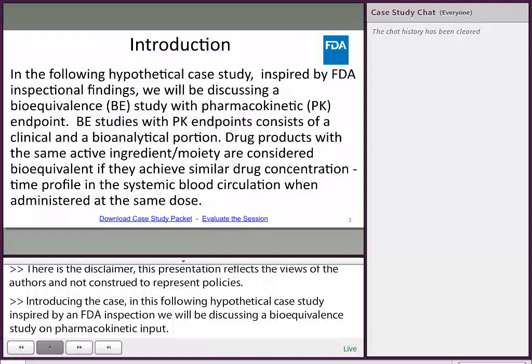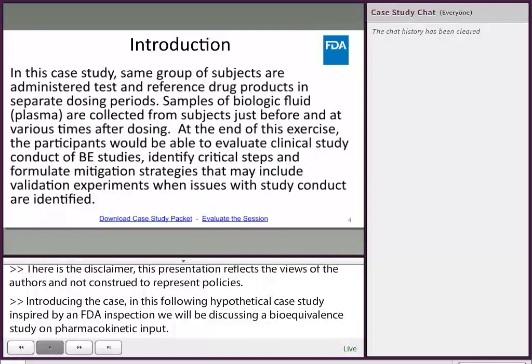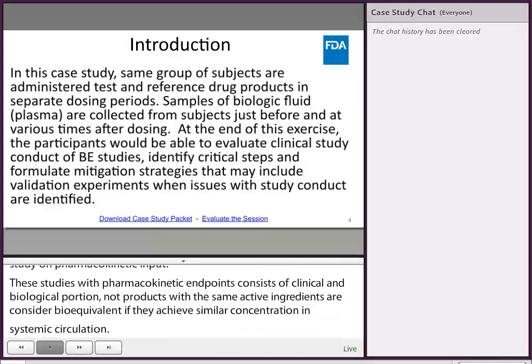Drug products with the same active ingredients or moiety are considered bioequivalent if they achieve similar drug concentration time profile in a systemic blood circulation when administered at the same dose. In this case study, the same group of subjects are administered test and reference drug products in separate dosing periods. Samples of biological fluid are collected from subjects just before and at various times after dosing.